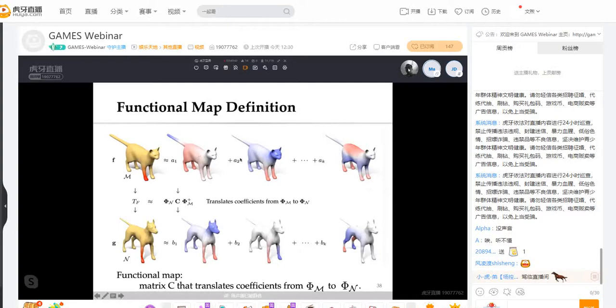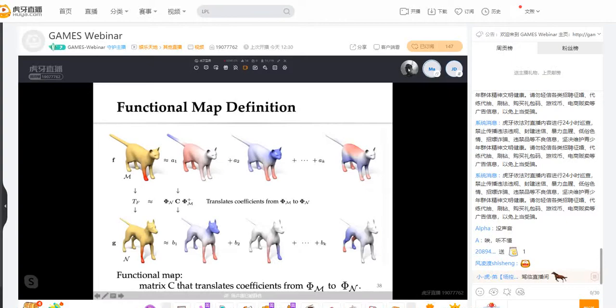The important thing to note is that this basis doesn't depend on f. It's pre-computed as a kind of universal basis. Now, to transfer this function to shape N and get some new function g, I express f in the basis, using the pseudo-inverse operation here, then apply a change of basis transformation, and then reconstruct this function with respect to the basis on the target shape.